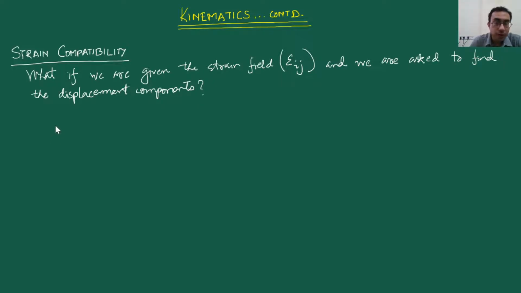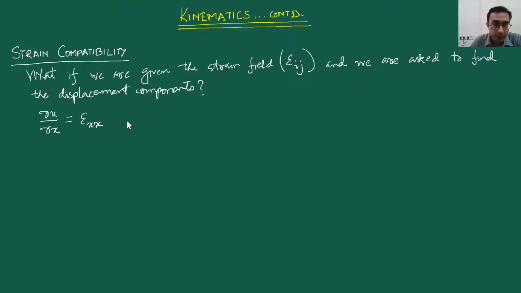Because we are facing the reverse situation, you think of it like this, that you have these relations. I'm writing the strain displacement relations just by reversing the left hand side and the right hand side. Earlier we had written epsilon xx as del u del x. Now we are just writing the reverse thing just to change our orientation.